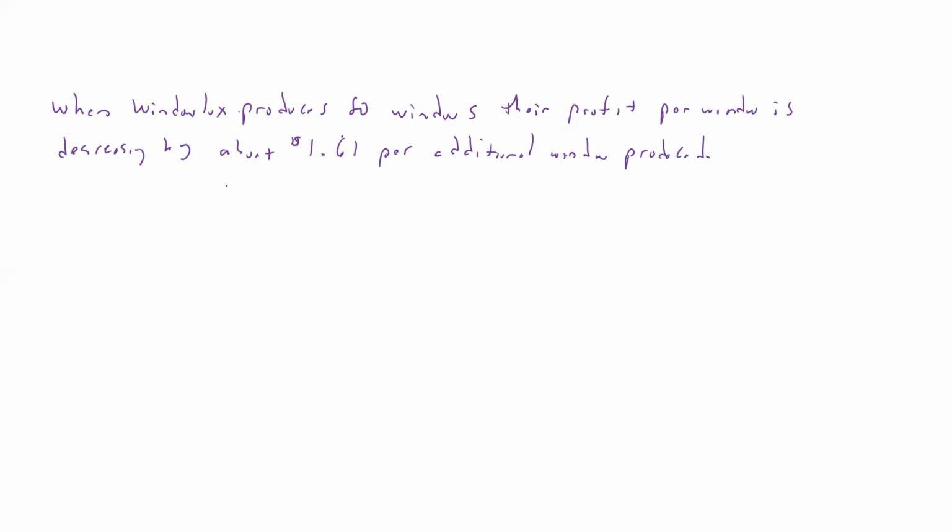Okay, so we're decreasing by about $1.61 per additional window produced, and that's the rate at that point. Now, if we go to a different point, it's going to be something different, but at that point, that's what it's going to be. And that's all I have for this section.